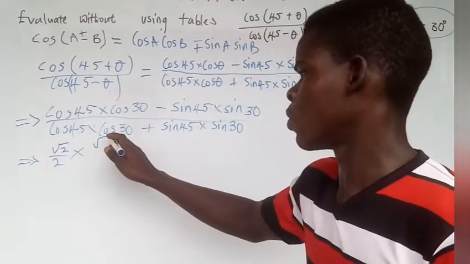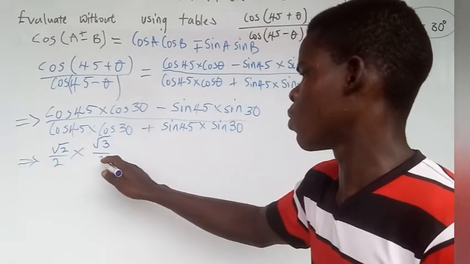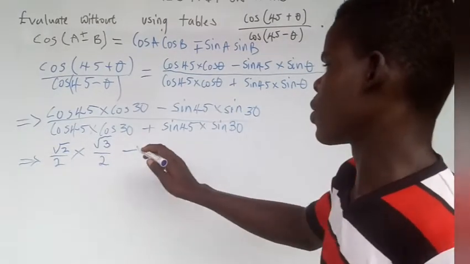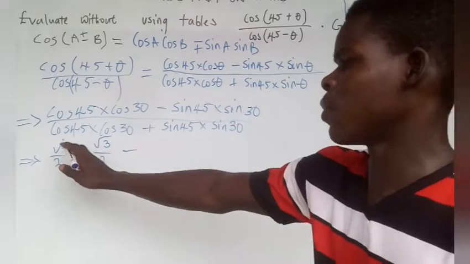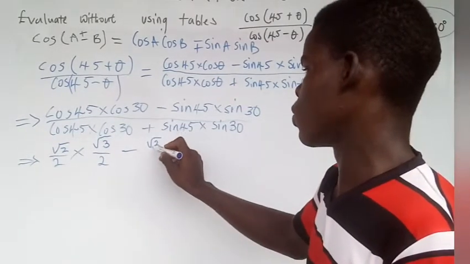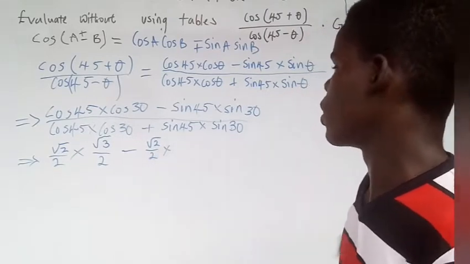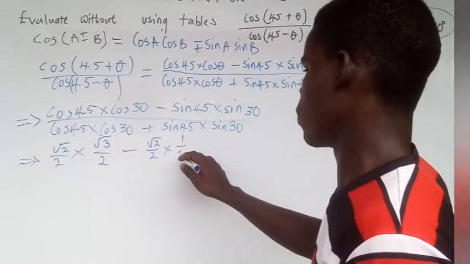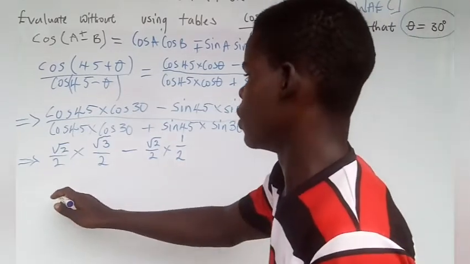You can find that at 0.8660. Minus sine 45, which is the same thing as cosine 45, that is root 2 over 2, times sine 30, which is 1 over 2, 0.5, divided by what?